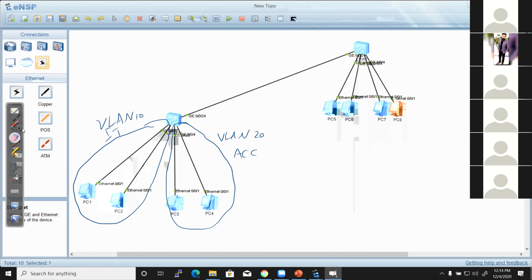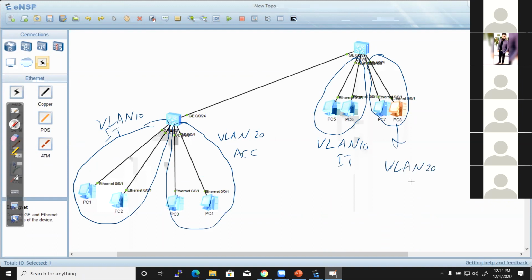And the same scenario I want in the second floor. The first two guys also, they are my IT persons, and they are in the same VLAN in the IT. And the rest two guys, they also my accountant guys, and they also belong to VLAN 20 as well. So I want them to communicate with each other.